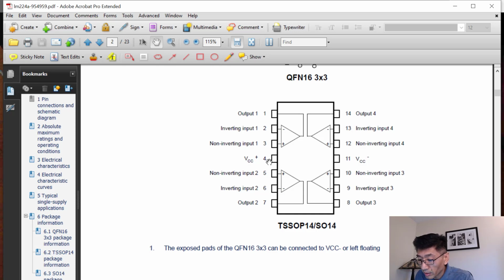I also supply the chip with plus and minus 12 volts. Pin number 4 is the positive voltage, and pin 11 is the negative voltage.